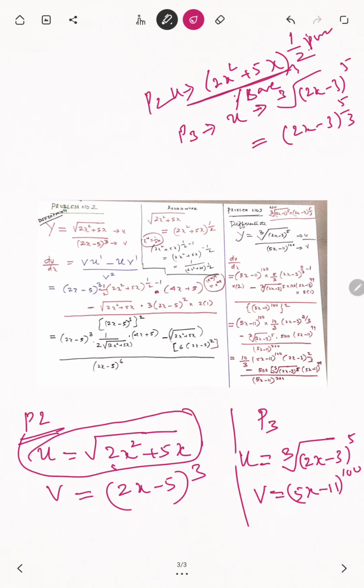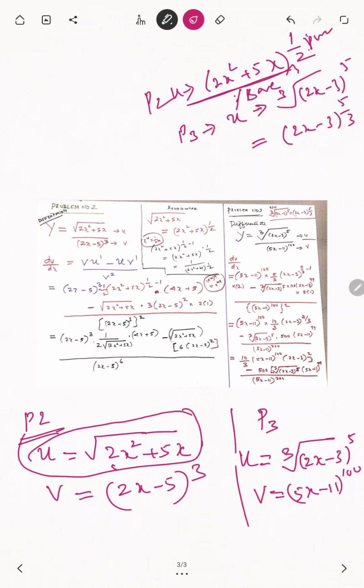Now what happened, student? v u dash, I explained it very nicely. After that what do we have to do? We have to go for the process minus u v dash. Minus u, they are telling. Again it is the copy and paste system only. Minus u, write as it is.